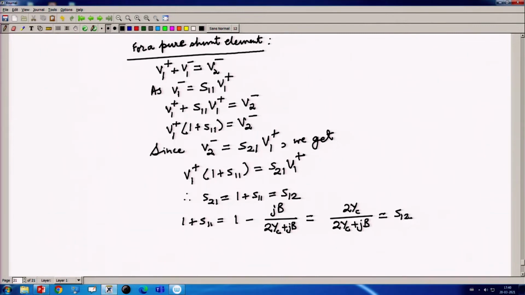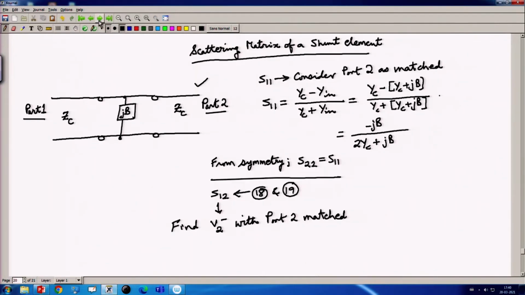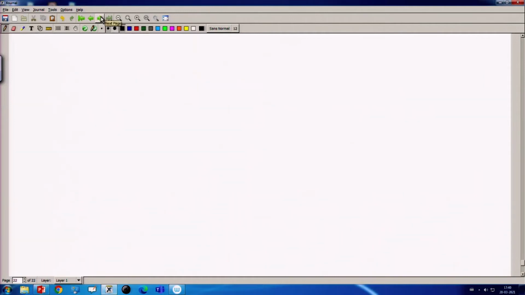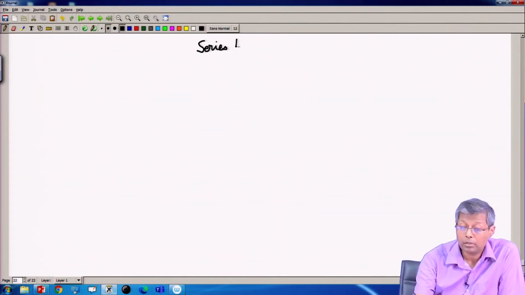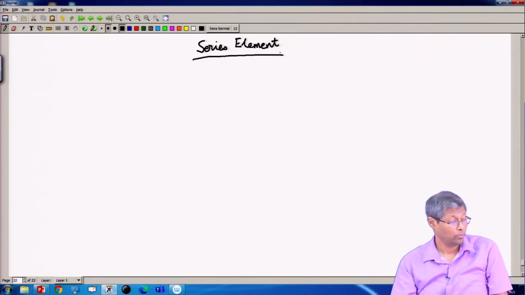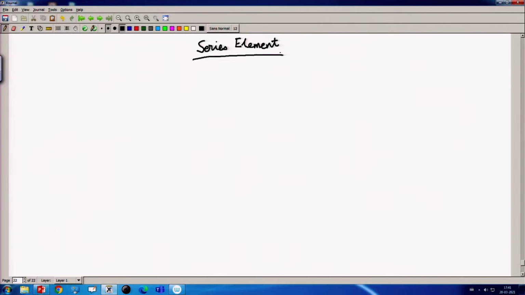Next we take the case of a series element, and in this case we have this kind of a network.